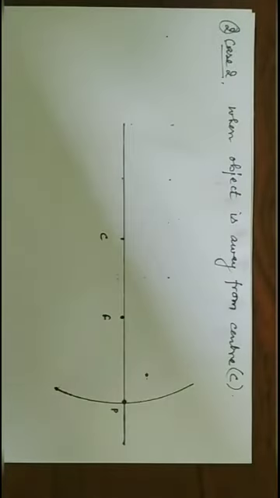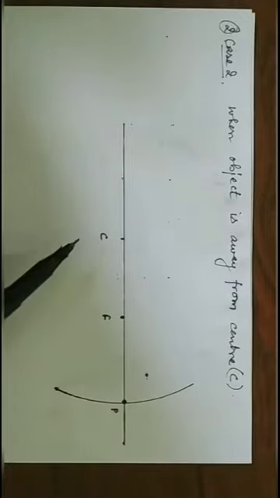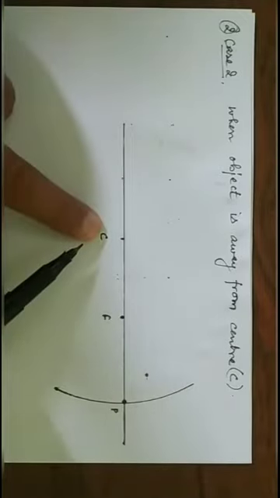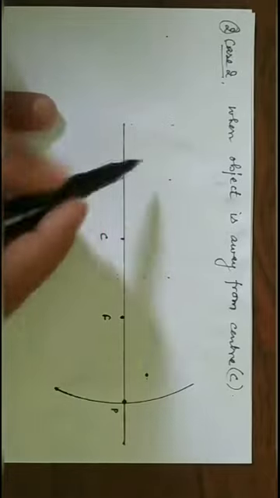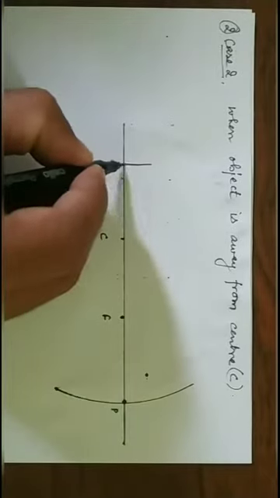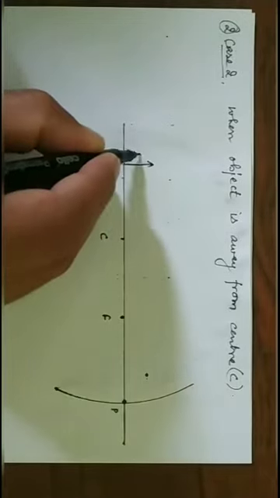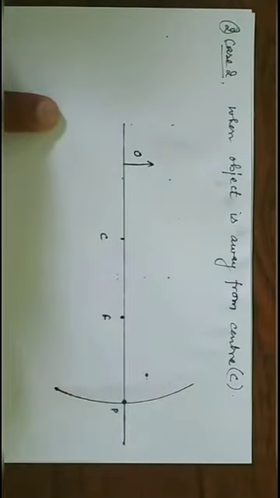Now let us discuss the second case, when an object is away from the center. It is not at infinity but it is away from C. So here I am placing my object, this is my object O at this place. Now to form an image I will draw minimum two rays whose rule is known to me.